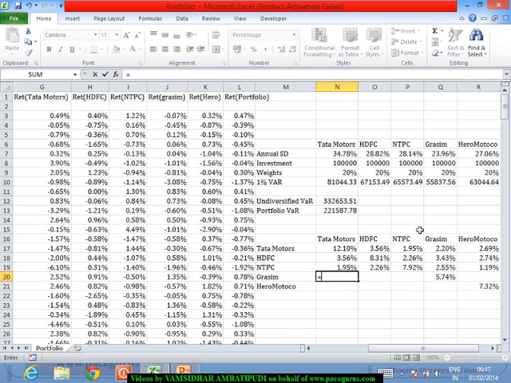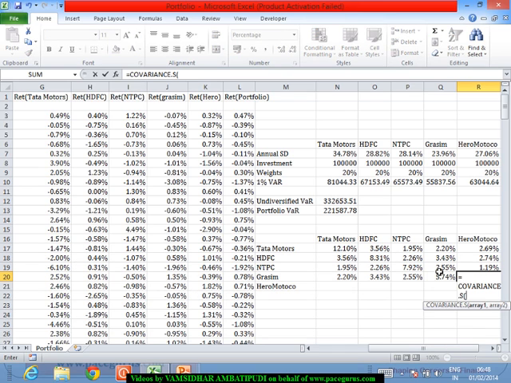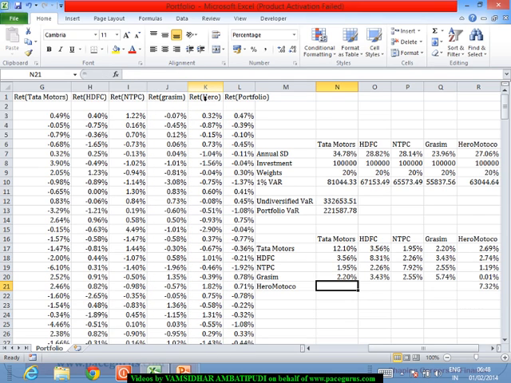Here again, this is my covariances across each of these situations, and here I'll find once again the covariance between Grasim and Hero Motors. Okay, this is the covariance. I have to multiply this by 250.